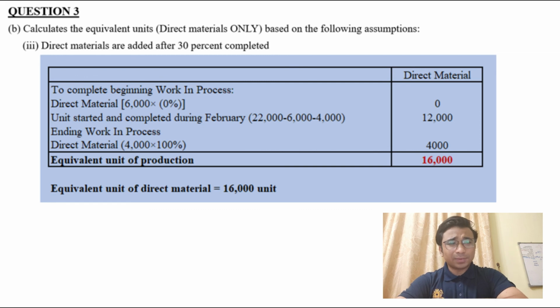For ending work in process, there will be a slight difference between question number 3 and question number 2, which is that for question number 3, direct materials for 4,000 units will be multiplied by 100%. That results in 4,000 units, and the equivalent units of direct material is 16,000 units.